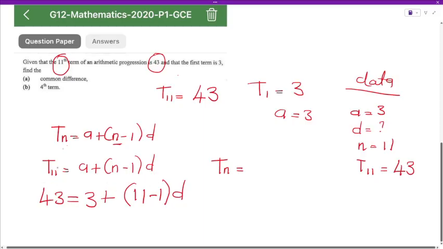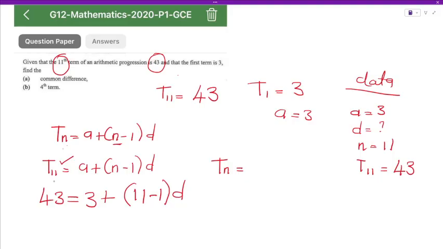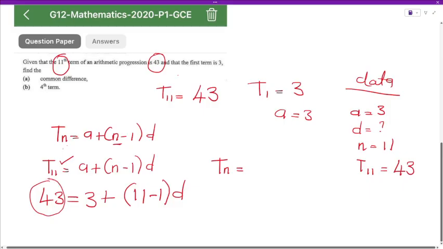But instead of saying T11, you already know the term sitting at position 11. T11 simply means position 11, and the number sitting at position 11 is 43. So you now plug in that number.